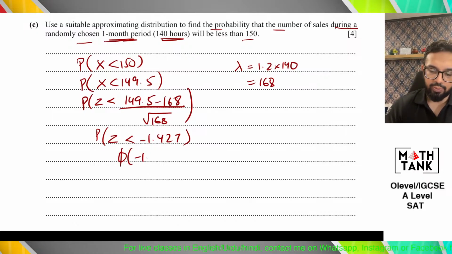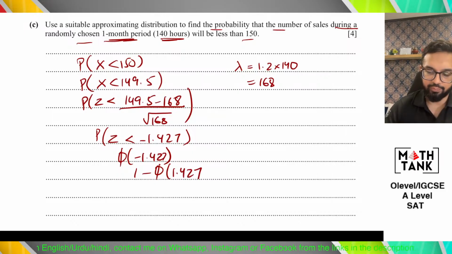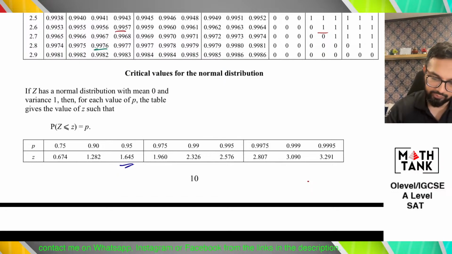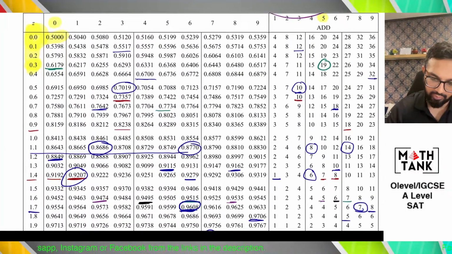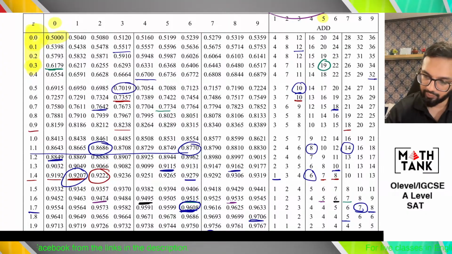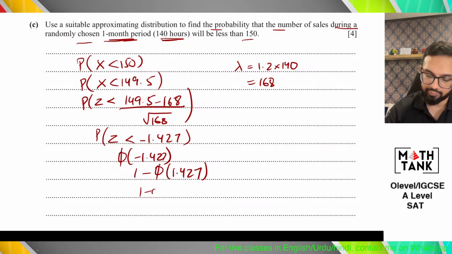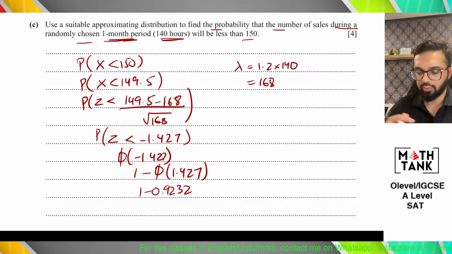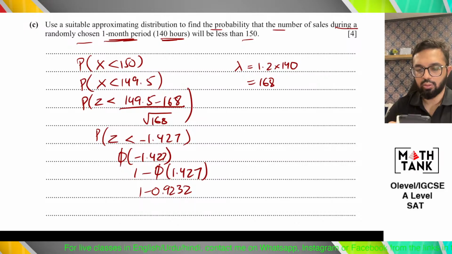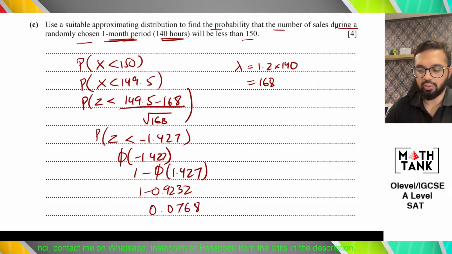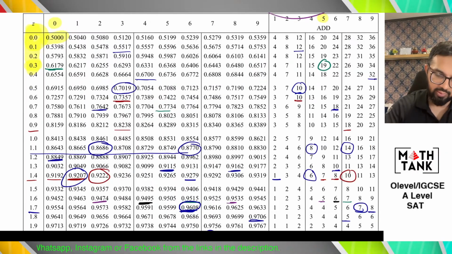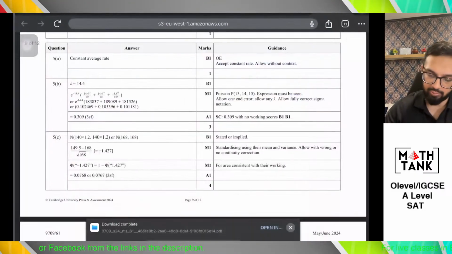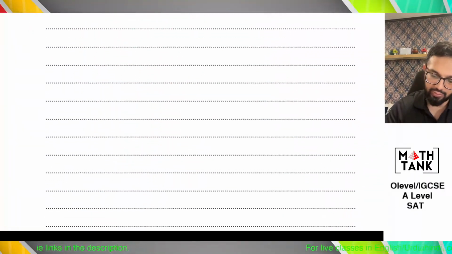Phi of minus 1.427 is 1 minus phi of 1.427, which is 1 minus 0.9232, giving 0.076. Checking my answer. Yes, that's the correct answer.